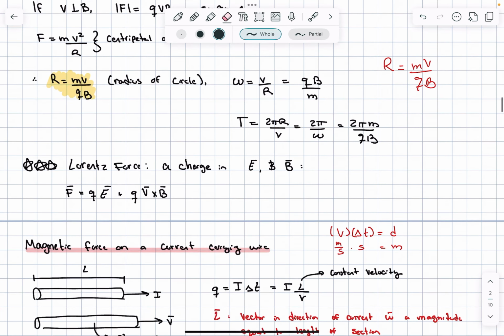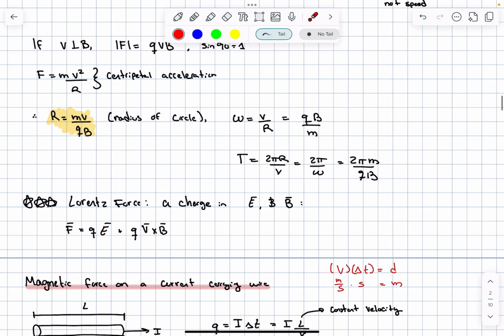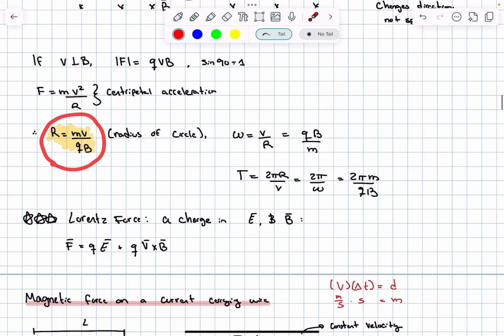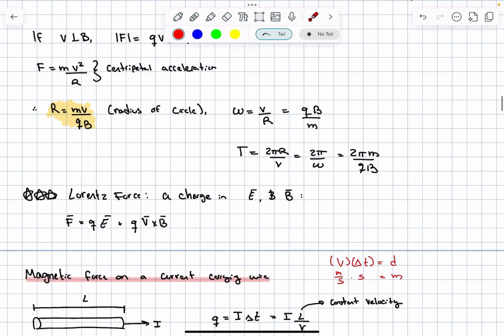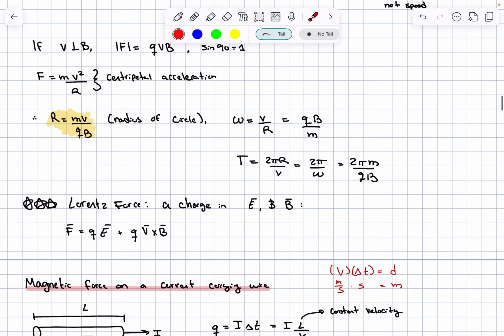For instance, we can say that omega is equal to v divided by r, and then if we know the relationship here, we solve for qb divided by m. We can also talk about the period, where this is the definition of period. All of these things you have hopefully seen before in Phys 204, but pretty well the only equation that you should be really using is this, where if you know that your particle is going in a circle, the radius r is equal to mv divided by qb.